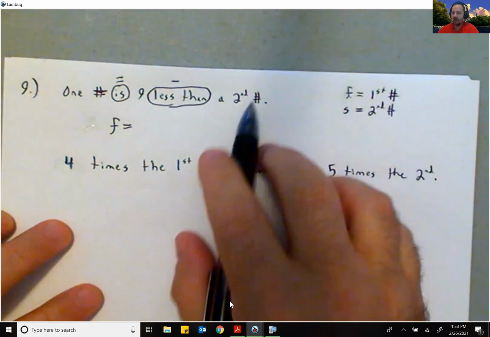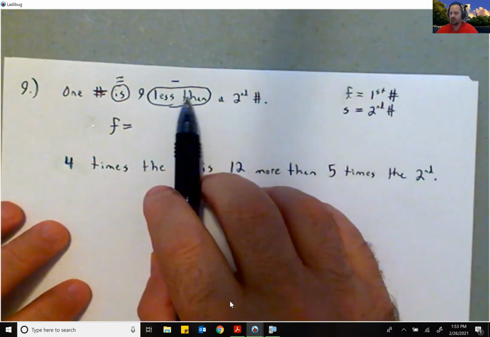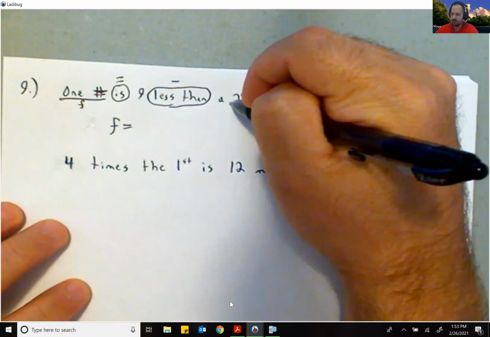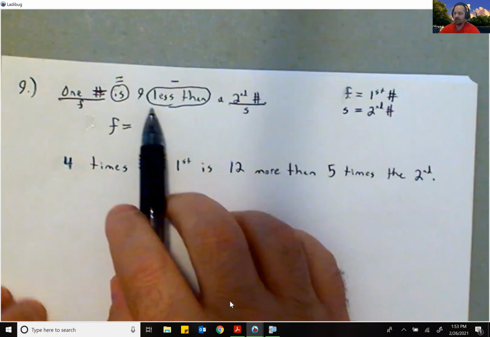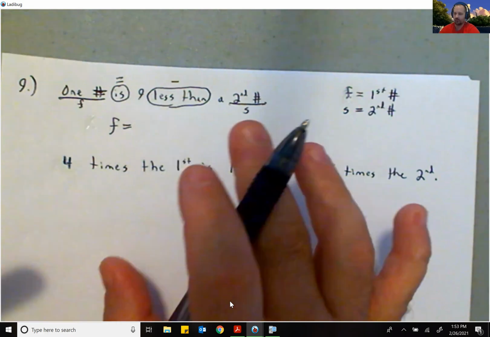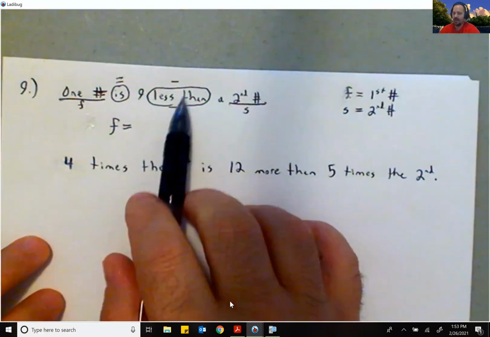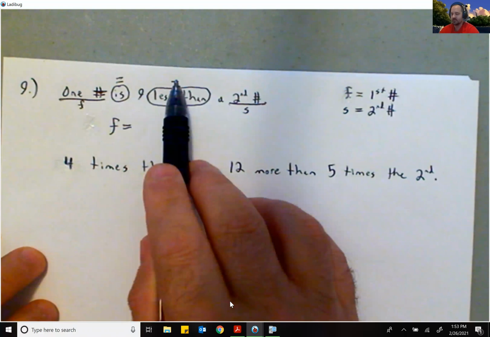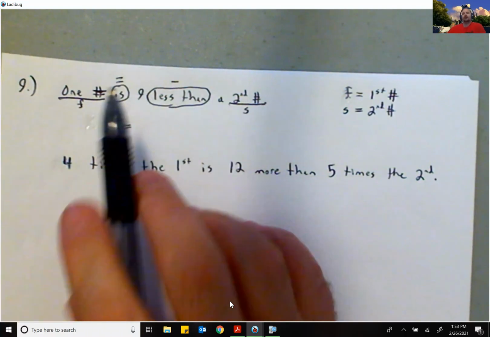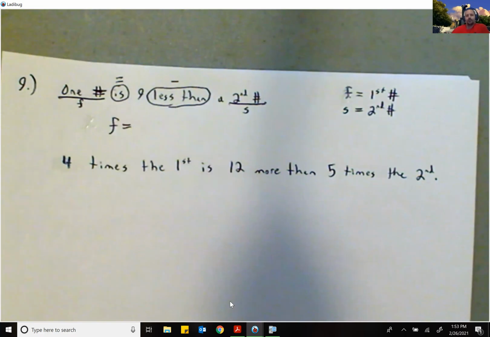I'm just going to put that notation over here so I remember. So how does this look then if that's going to be my S? Because subtraction is fickle, you have to have a certain order for it. Are we going to write 9 minus S, or should it be S minus 9? What do you think? It should be S minus 9.